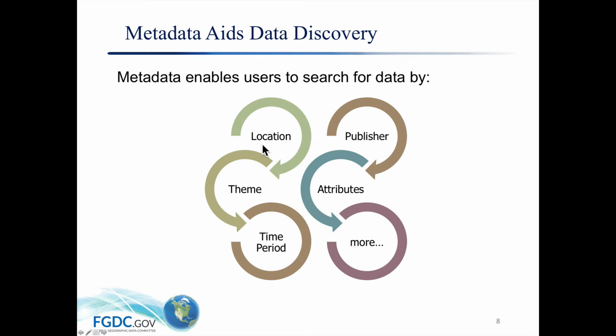We could search for all information in Australia, or by themes such as vegetation, a certain time period if we're interested in vegetation change, who the publisher is if we know there's an expert in this field publishing maps, or just the attributes associated with this data, and lots more. Whatever is included in the metadata becomes much more searchable, easy to find, and easier for us to use as a resource.